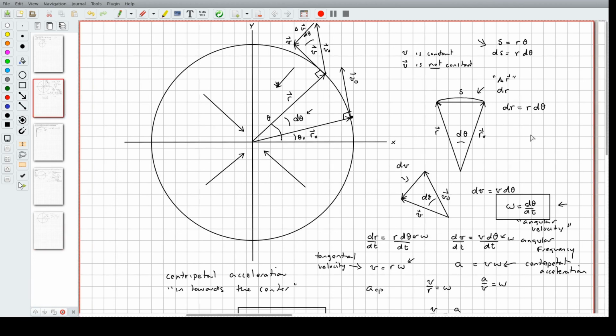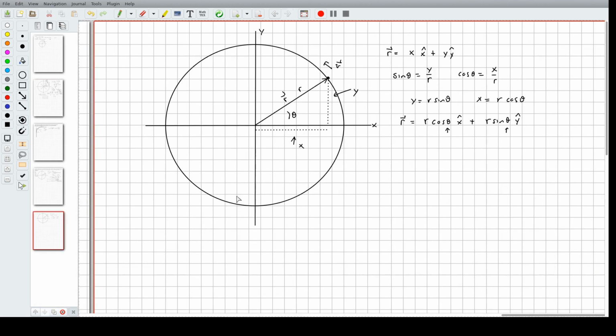So if you go back over here, where we had defined angular velocity omega as d theta dt, what that means is that you can write down your omega as d theta dt. So what you've done is you've taken the derivative of theta with respect to time, and you've got an omega.